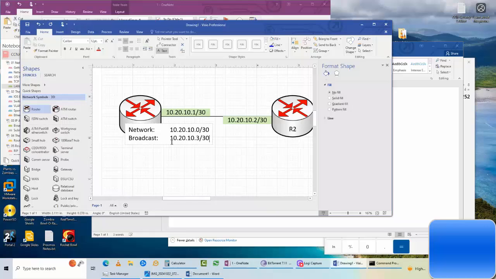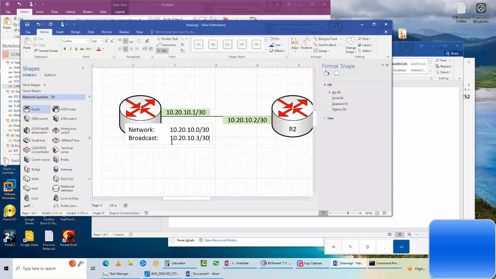So now we have only eaten up 2 IP addresses from a valid host perspective, and 2 addresses, one for the network and one for broadcast, from a TCP/IP perspective as far as our boundaries are concerned. So that means with a /30, every network I use will actually be consuming 4 IP addresses.